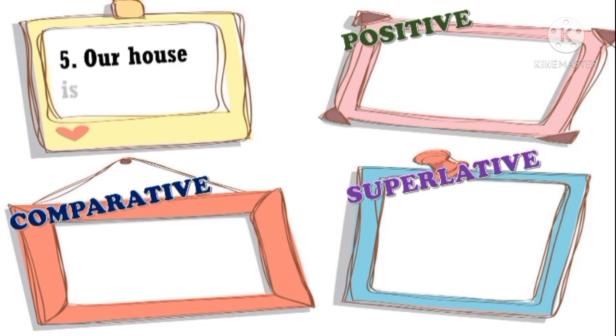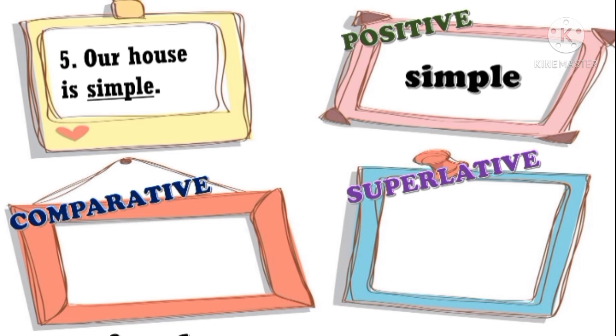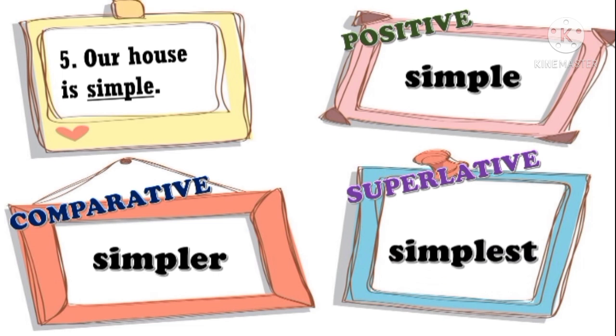For number 5, our house is simple. So the underlined word is simple. This is the positive degree. The comparative degree is simpler, and the superlative degree is simplest. Just to remind you kids, the words given are not the answers.